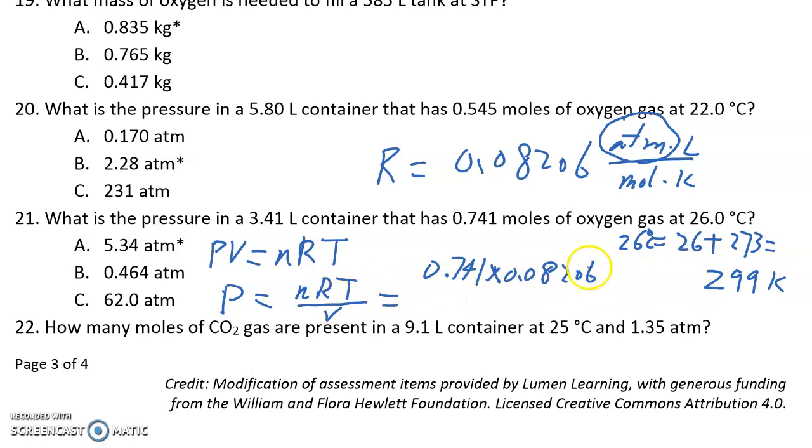And T is the temperature, so times 299, and then divided by the volume in liters, 3.41. If I plug into my calculator, I get 5.34, and the unit will be in atm. Okay, here you go.